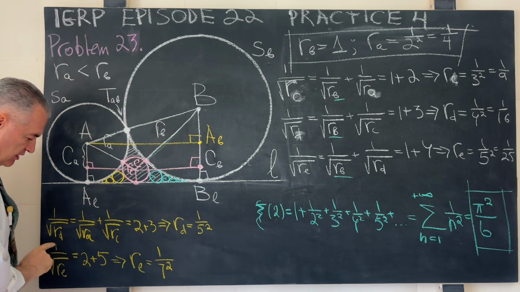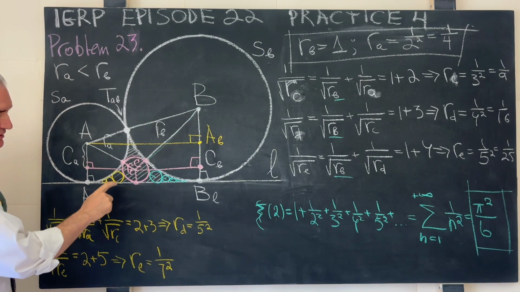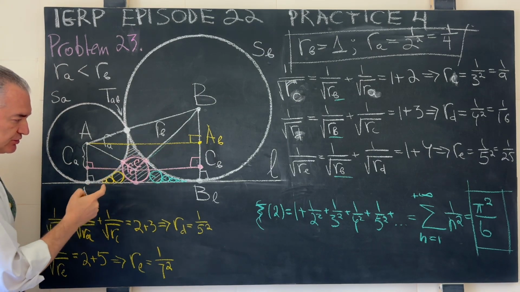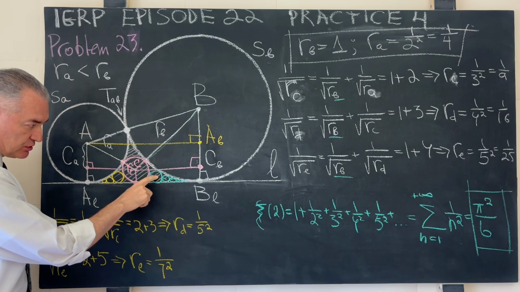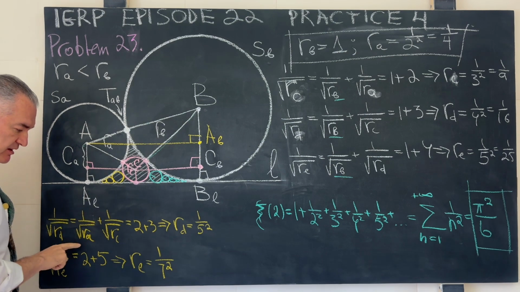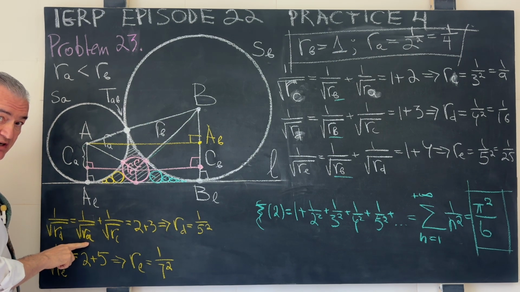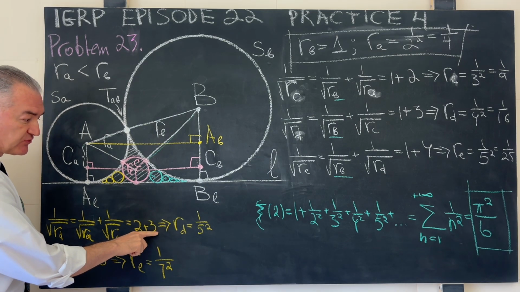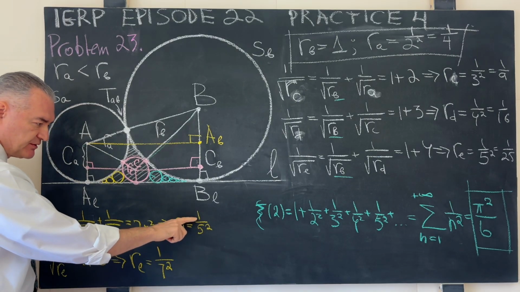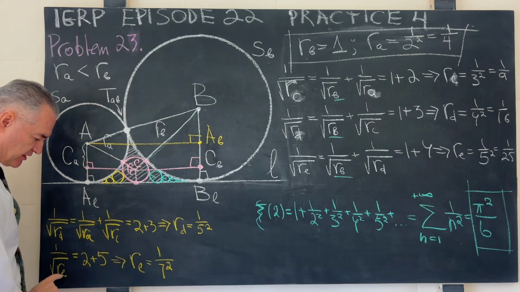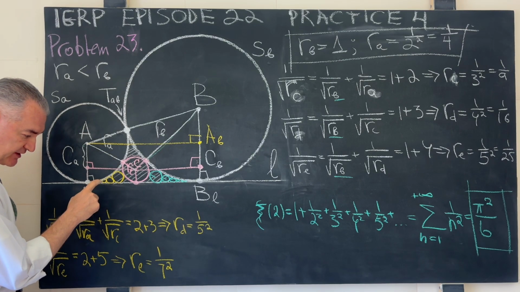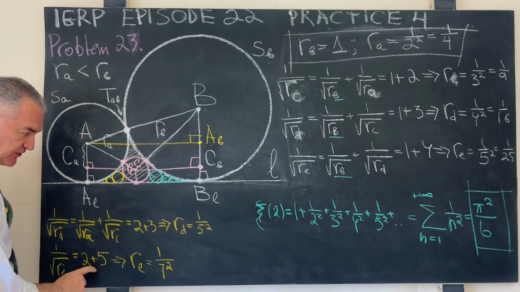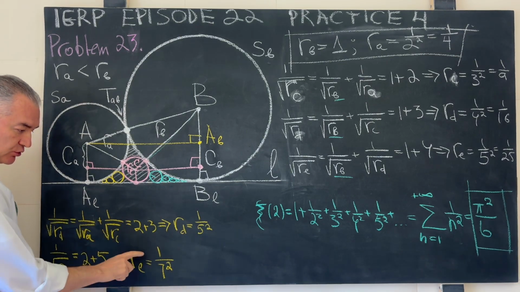So here, I wrote it down for you that the radii of the 3 initial circles are the same, but then if we inscribe the circle RD, instead of touching the circle SB, to touch the circle SA, then its radius will be expressed by the radius of the circle RA. And then we'll have 2 plus 3, 5, flip and square, take the reciprocal and square, 5 squared. And then the next one, this circle right here, will touch the previous circle, still SA, so it will be 2 plus 5, 7. So flip and square, 7.